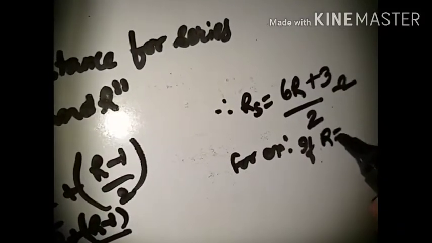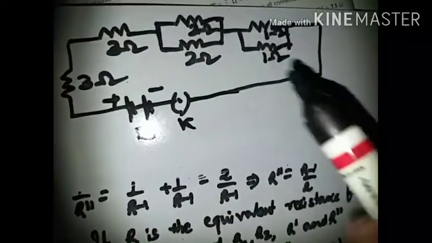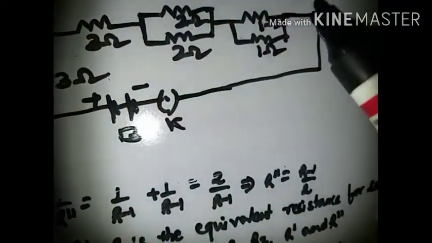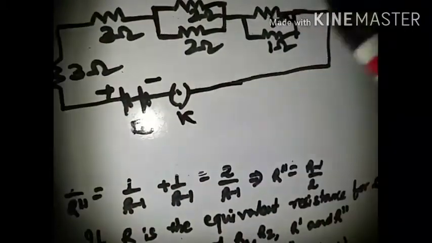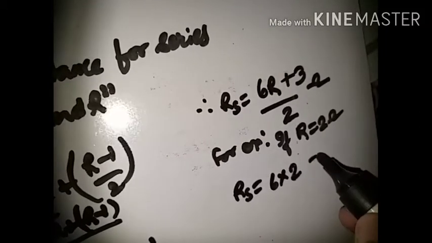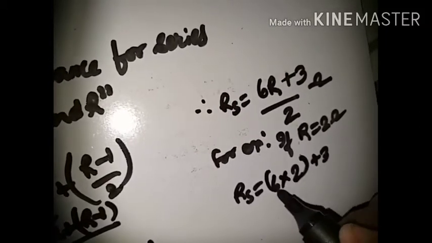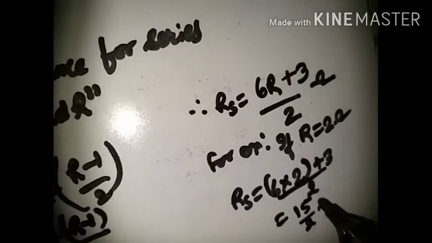Let us first check the result, and then we will try and solve it also, so that it becomes easy to verify. So I will take Rs equal to 6, and in place of R substitute 2, plus 3 divided by 2. So what shall it become? 12 plus 3, 15 by 2 ohms.